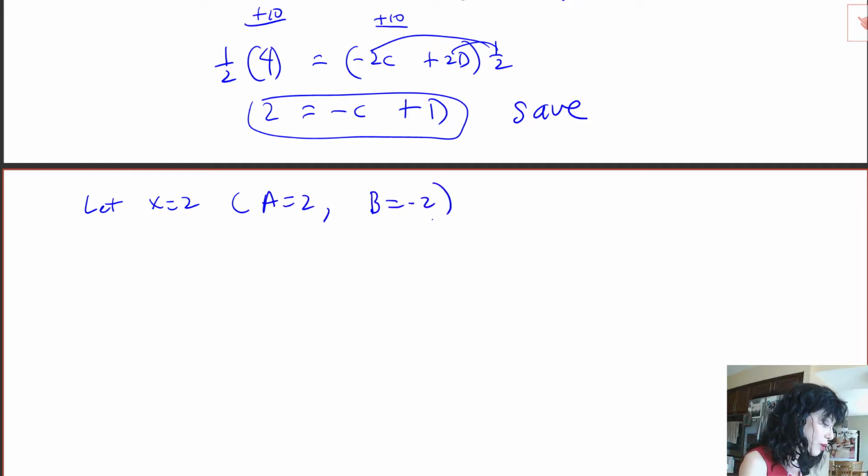So in the basic equation, we're going to have 2 times x cubed, but that's 2 times 2 cubed, minus 4 times x, 4 times 2, minus 8. That's the left-hand side.